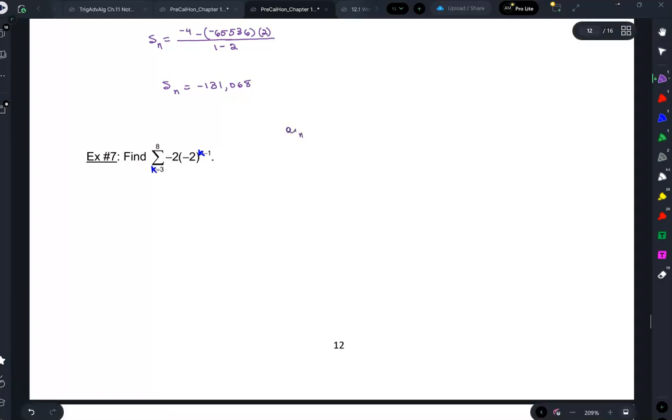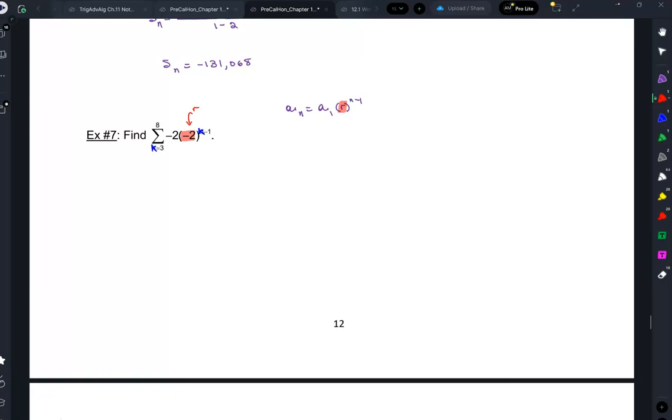Now, a sub n for the geometric series was a sub 1 times r to the n minus 1. So the thing that is being raised to the exponent is r. So here the thing that's being raised to the exponent is that number, and so that is r. That's how we can always identify what r is. Okay?